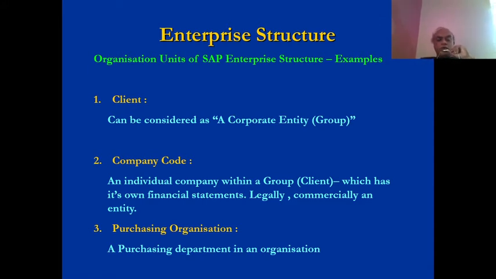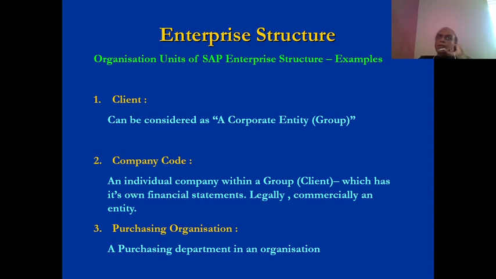Next is purchasing organization. What is a purchasing organization? It is nothing but a department in your organization which takes care of purchasing. For example, you may have a team that is taking care of imports, and another team that takes care of domestic purchasing. In that case, you can create two purchasing organizations in SAP.